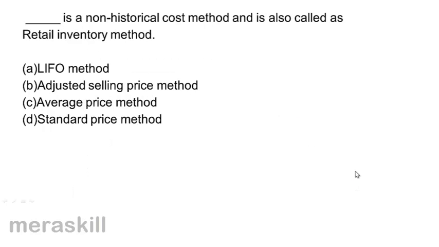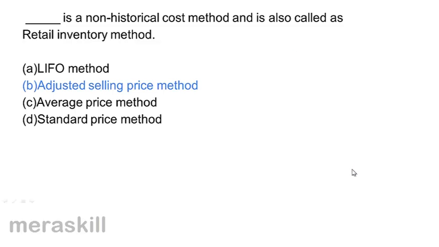Dash is a non-historical cost method and is also called the retail inventory method. A, LIFO method, B, adjusted selling price method, C, average price method, and D, standard price method. Which one is a non-historical cost method, also called the retail inventory method?